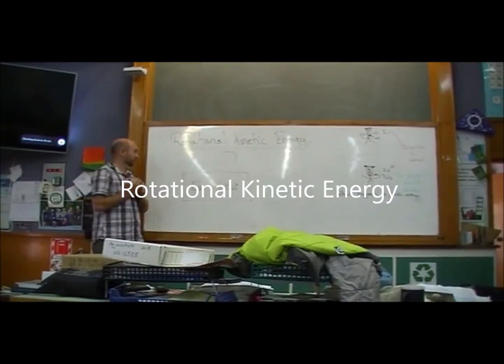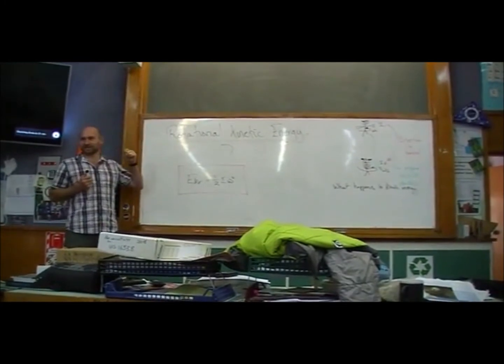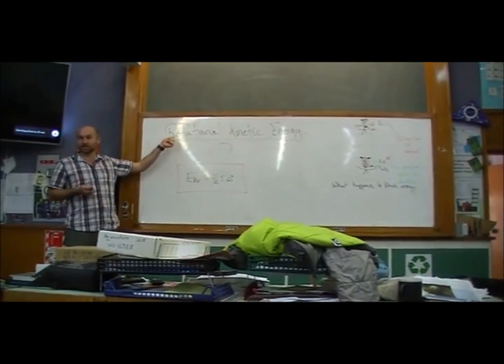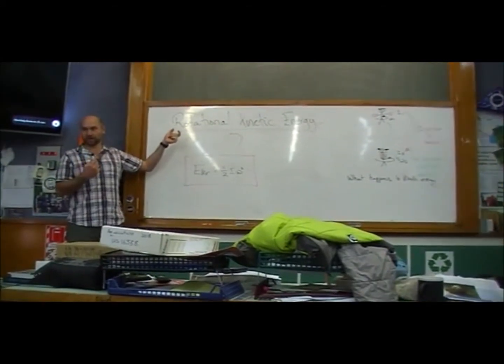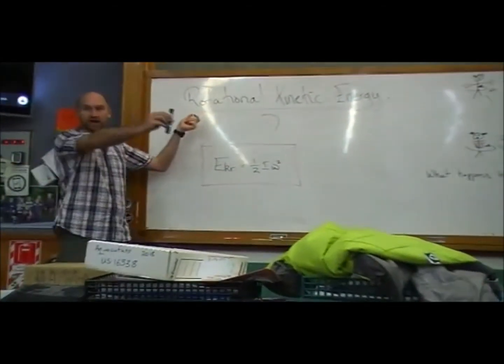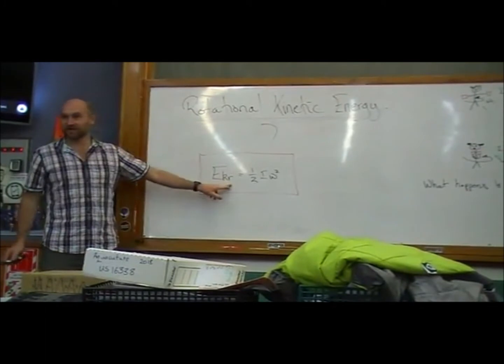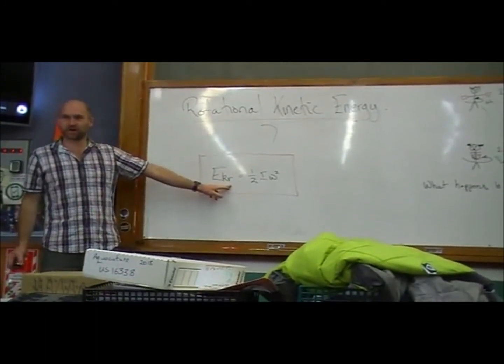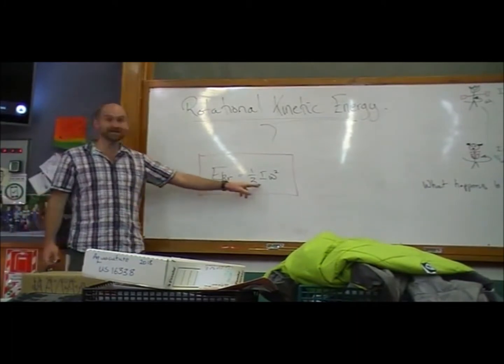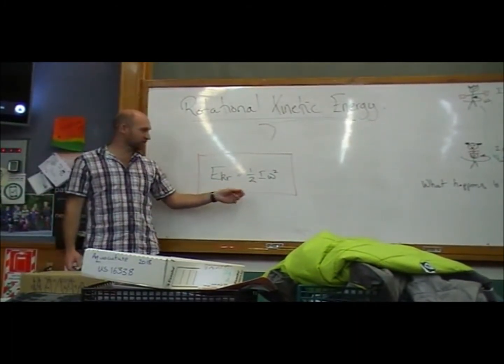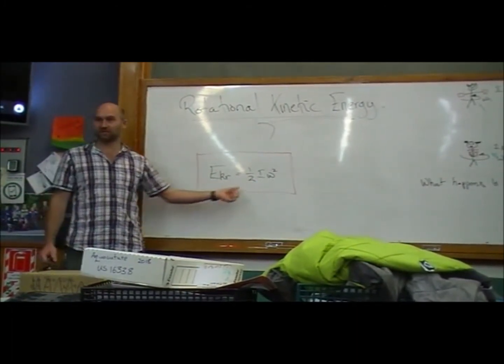Okay, so we're going to extend our idea of kinetic energy to include objects that are rotating as well as objects that are just translating. And conveniently, if we think about our linear quantities and their rotational partners, it's exactly the same equation. The linear one is half mv squared.